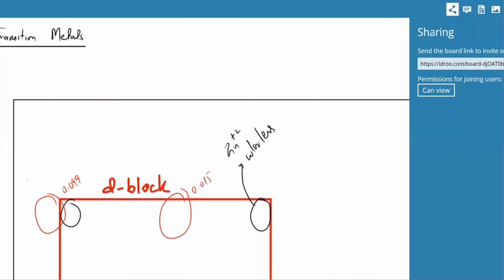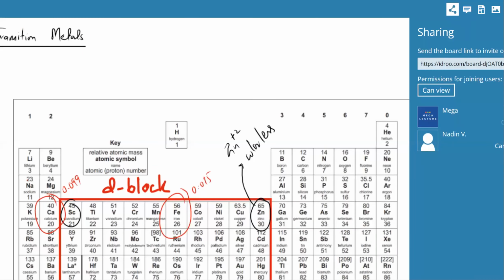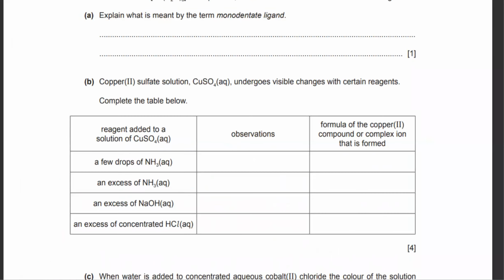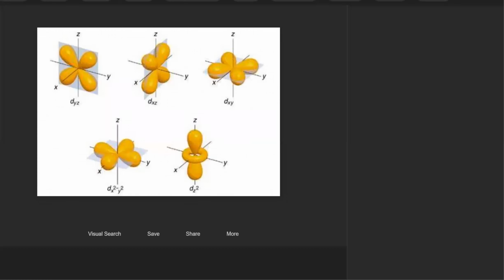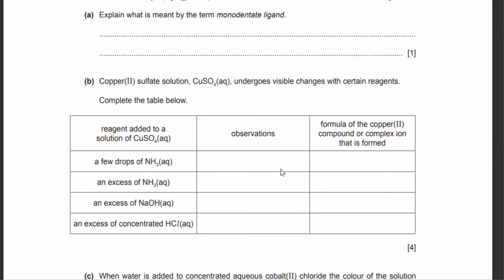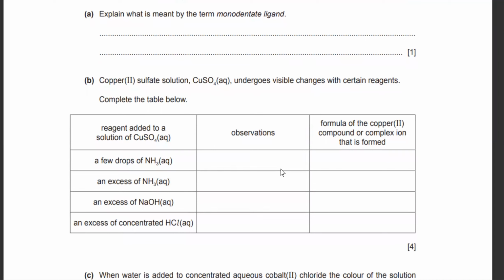So in the question, a few drops of NH3, observation: you're going to get a pale blue precipitate.